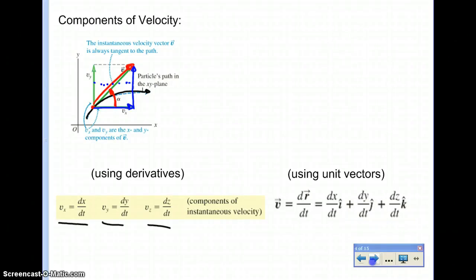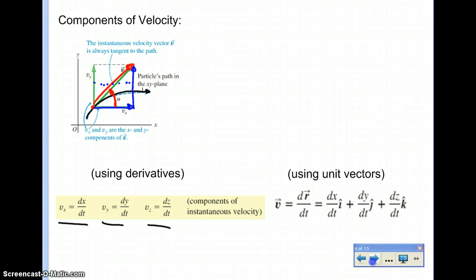This is just showing you that for instantaneous velocity, the same things that you were doing with derivatives in chapter 2 still apply in chapter 3. These derivatives right here are exactly the same thing you were doing in chapter 2, but now we're just treating it from a component point of view.